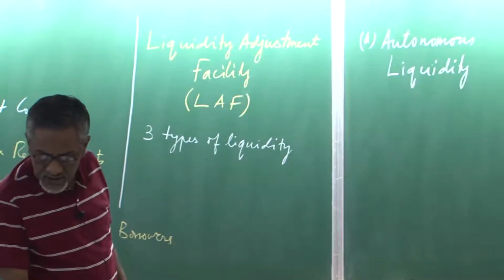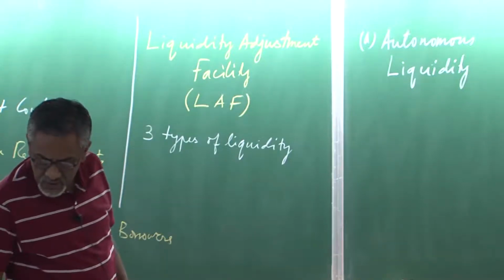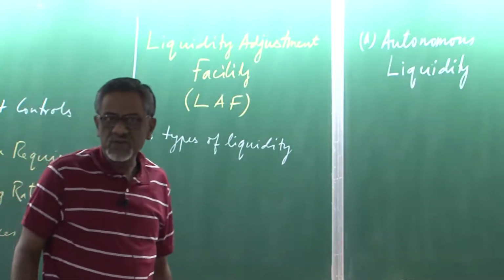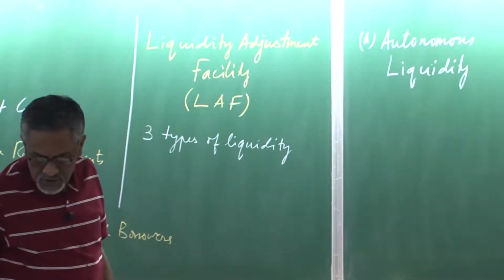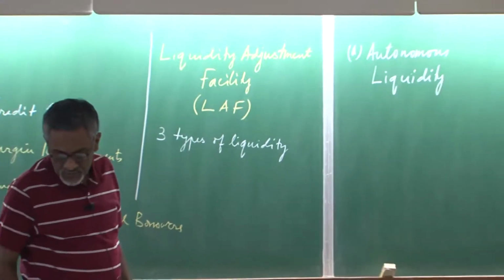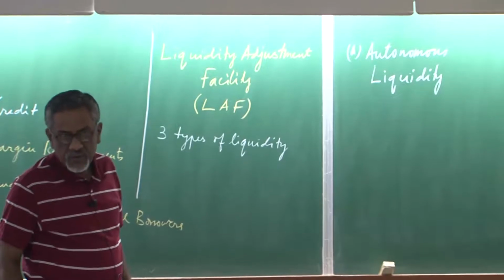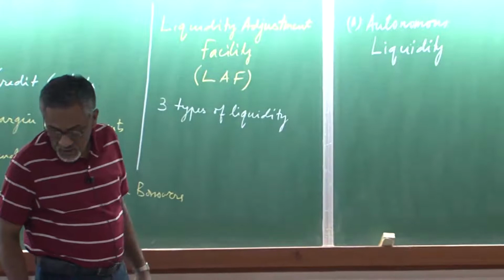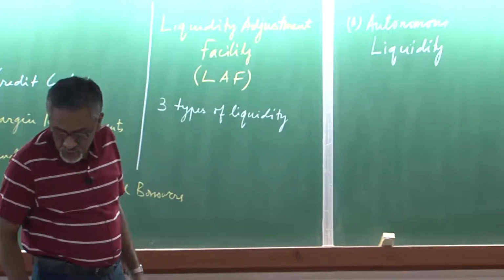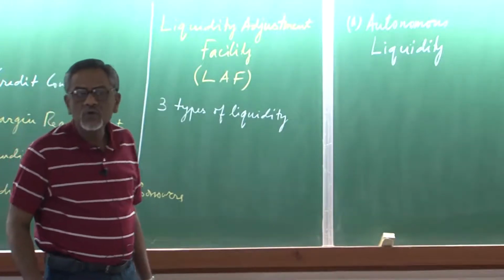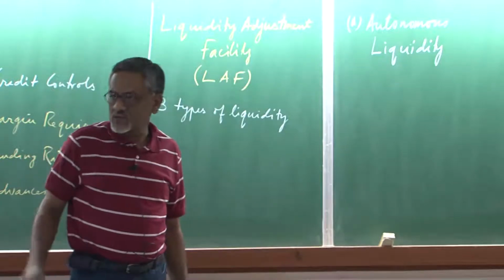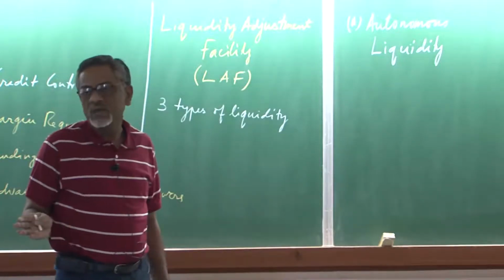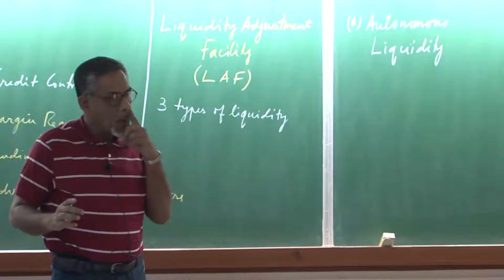Autonomous liquidity is the liquidity that gets created from the normal banking operations of the central bank as a currency authority and banker to the government. For the normal operations of our RBI, what are they?